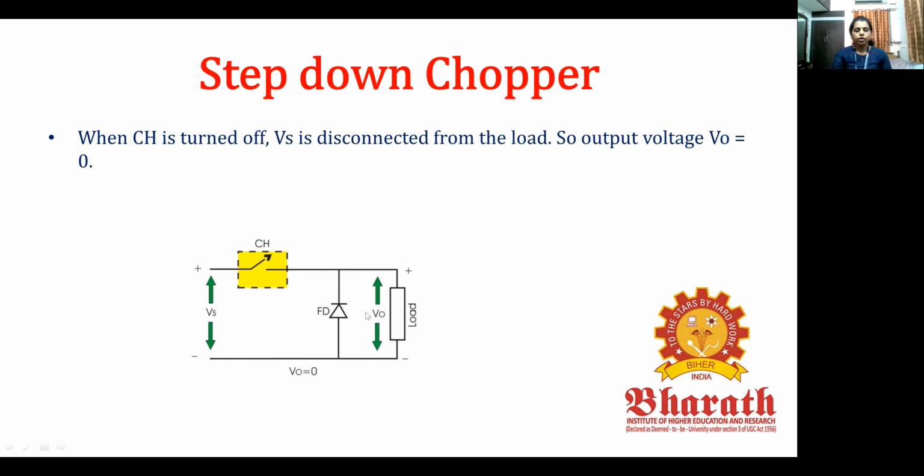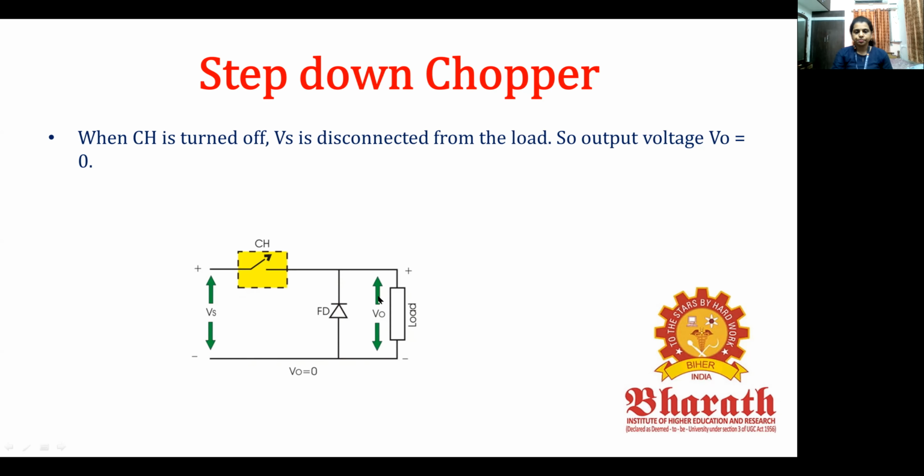Now, the next step is when the chopper is turned off. I will have some external firing circuit to give the appropriate pulse for the switches to turn on and turn off. So after some instant of time, I turn off the chopper switch.